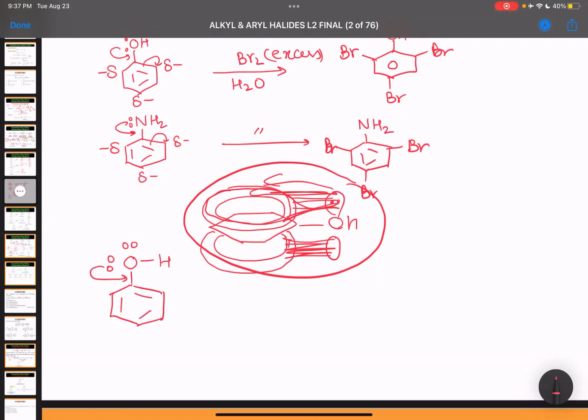In order to make space for the incoming lone pair, I put this pi electron density aside on the ortho position. Okay, this is how I'm trying to show how the lone pair of oxygen is getting involved in resonance with the benzene. Because the OH is donating its lone pair to benzene, it is plus effect. It is an electron donating group by means of resonance. It is also called plus M effect.